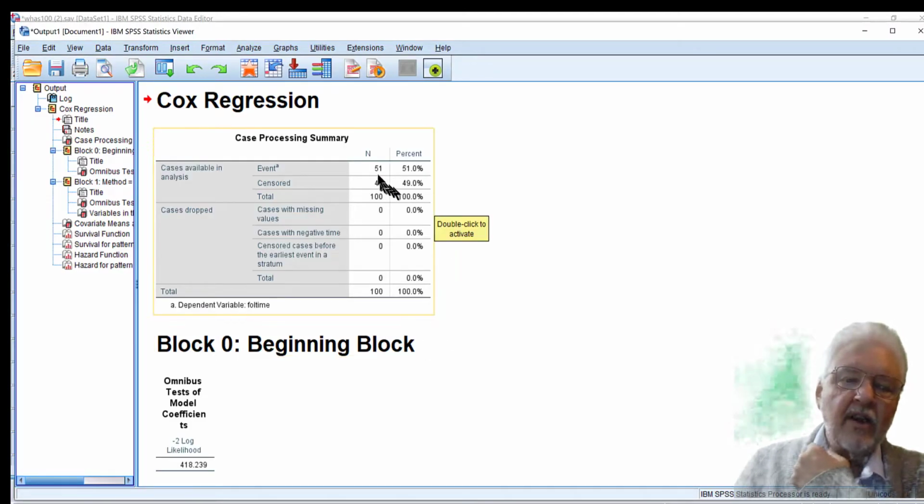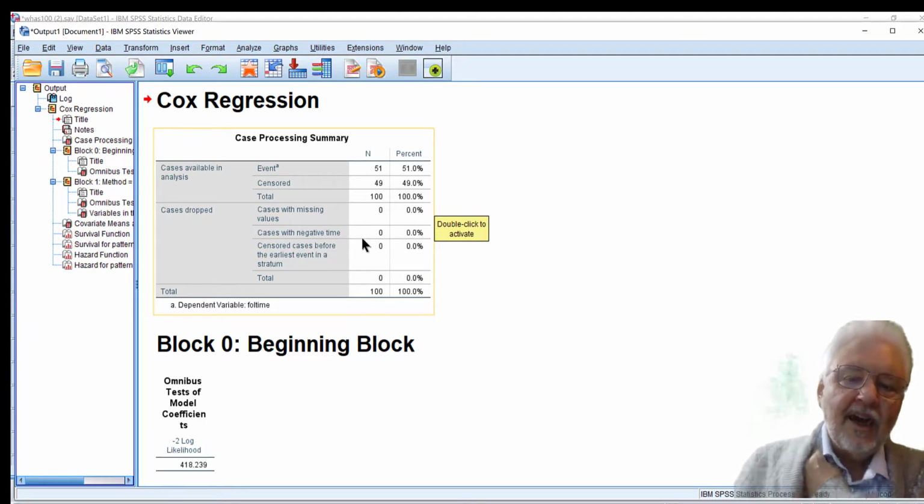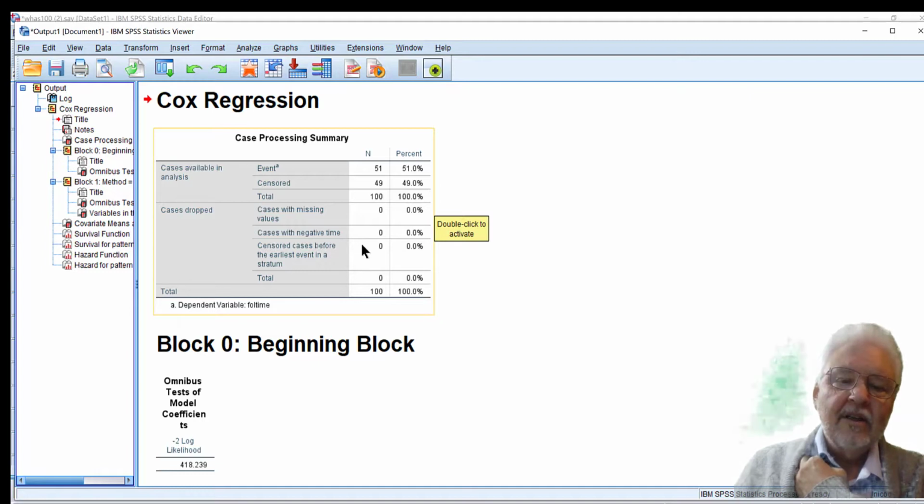So here it is. Out of the 100 patients, there were 51 deaths. So 49 were still alive at the end of the study. There were no cases with missing values. That's pretty good. No cases with negative time. That's good too. It's good that you don't die before you were admitted to the hospital.